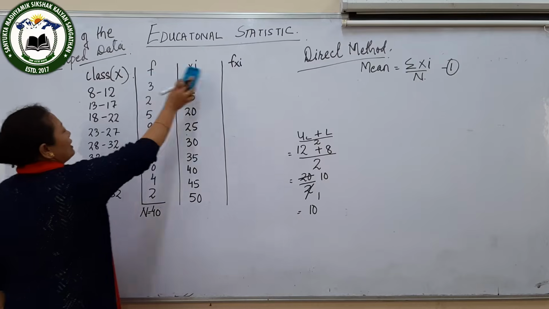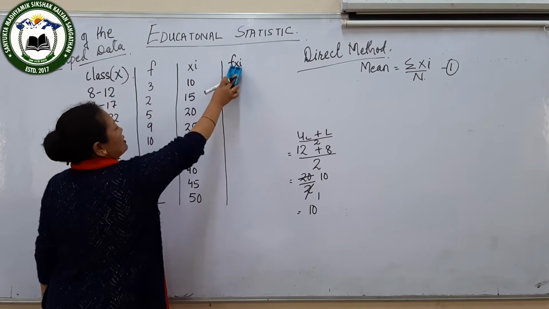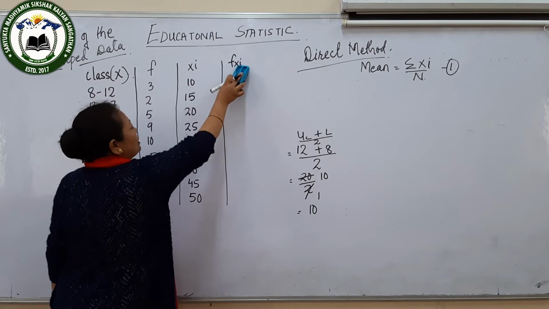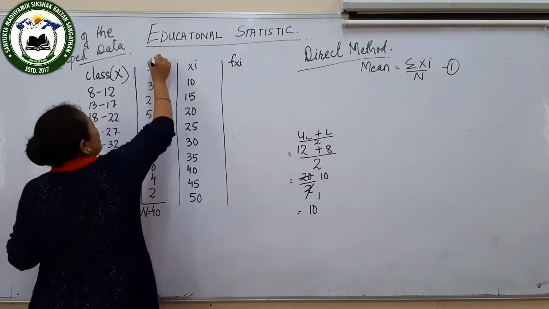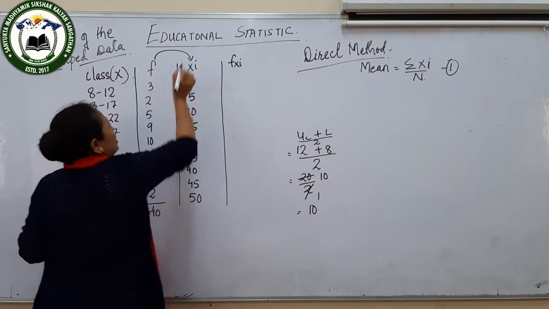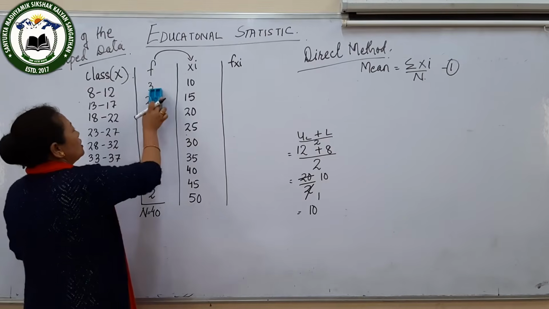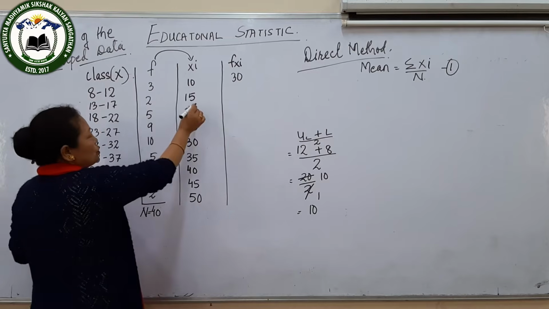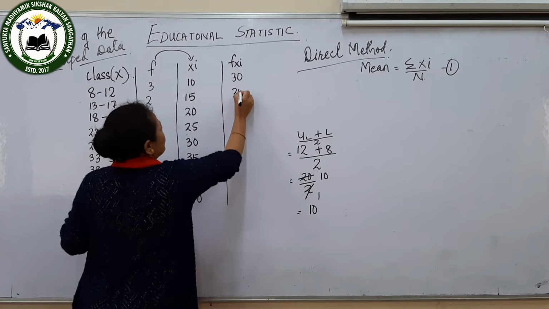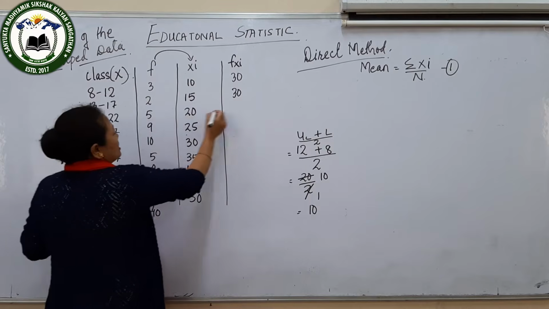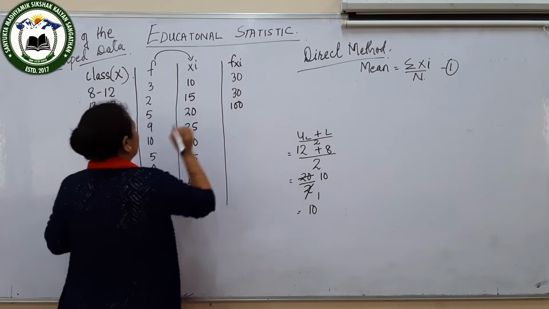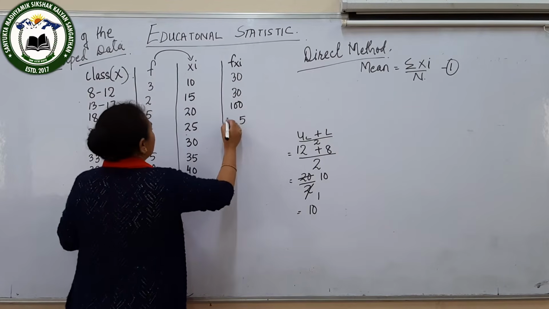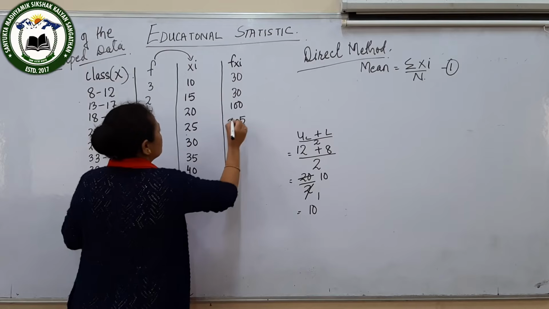Now you have to find the fourth column, fxi. That means frequency with the midpoint. So you multiply frequency with the midpoint. 10 into 3 is 30. 15 into 2 is also 30. 10 into 10 is 100, and 9 into 25 is 225.